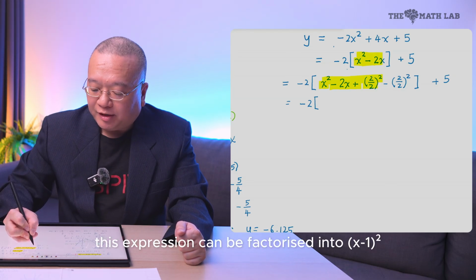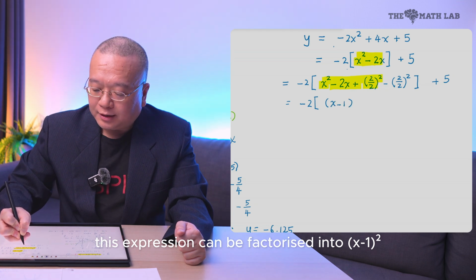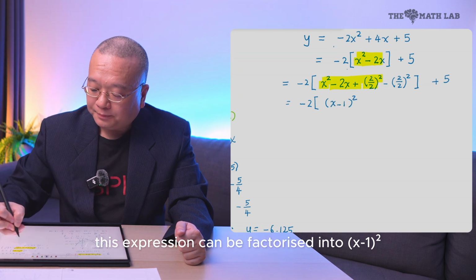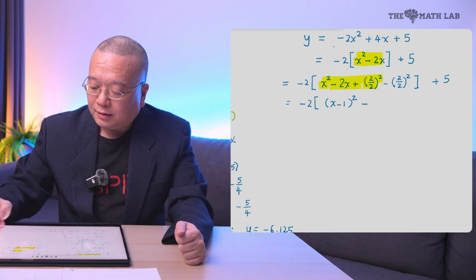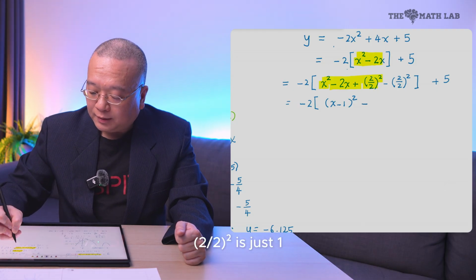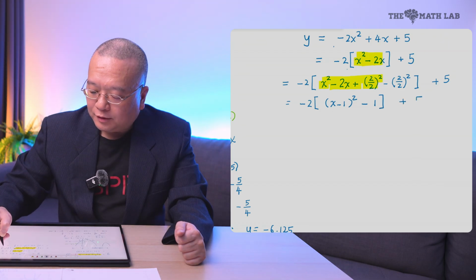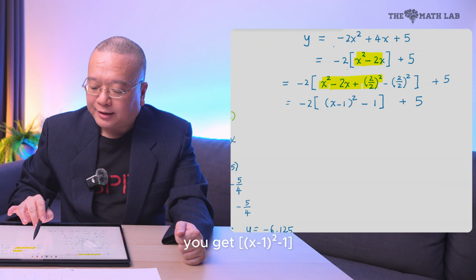This expression can be factorized into (x minus 1) squared. (2 over 2) squared is thus 1. So within the square brackets, you get (x minus 1) squared minus 1.